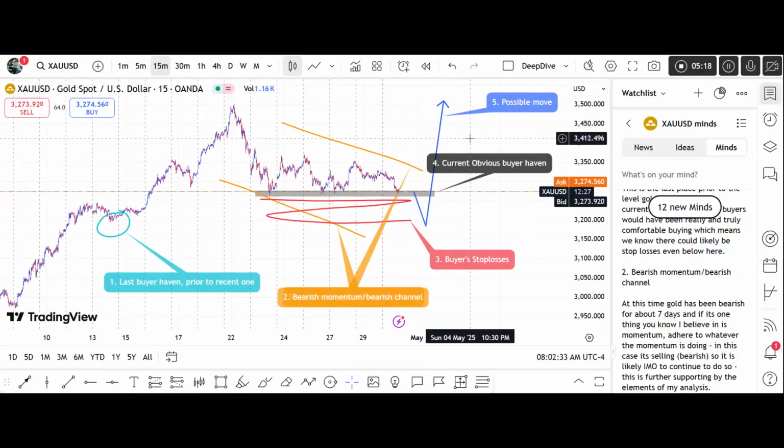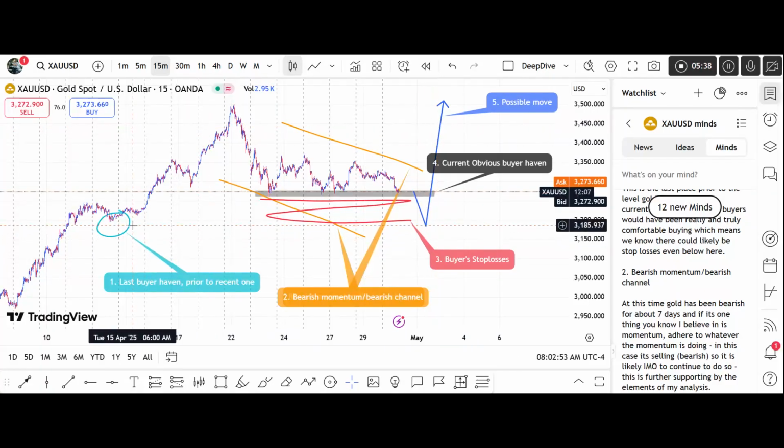So let's go to point number five. Point number five speaks to the possible move. Now we know that gold will continue to go bullish at some point, right? It's not a matter of if, it's a matter of when. That being said, let's actually think about why it might clear out these buyer stop losses before doing so. We just said that we know where the stop losses of the buyers likely are.